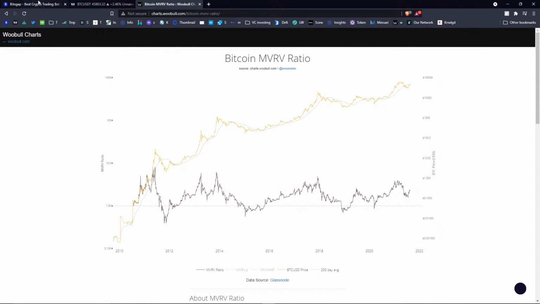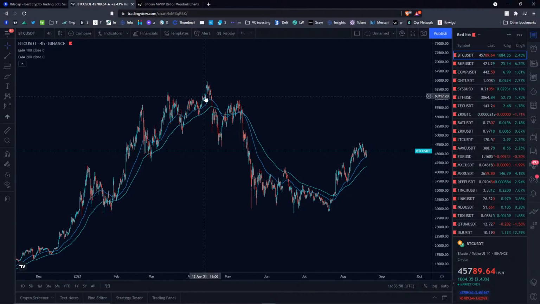So that's a great thing about crypto, that you have this huge community that is really involved in building new indicators and metrics to help us analyze the market sentiment, and not just using traditional technical analysis tools.